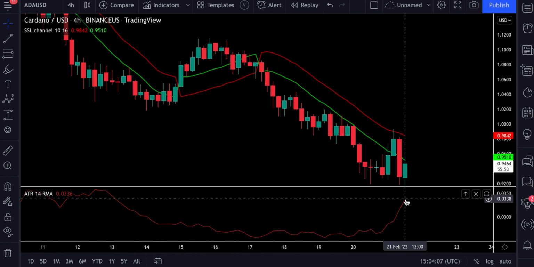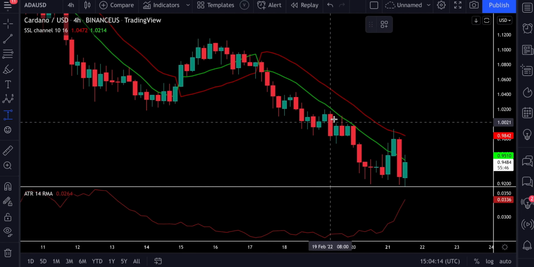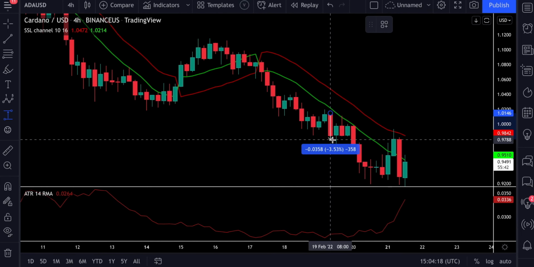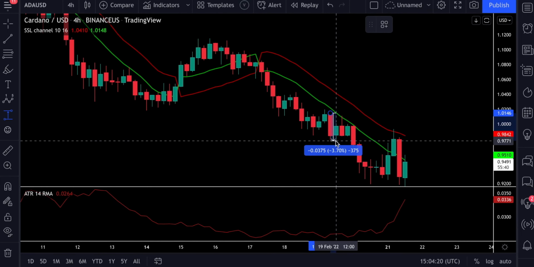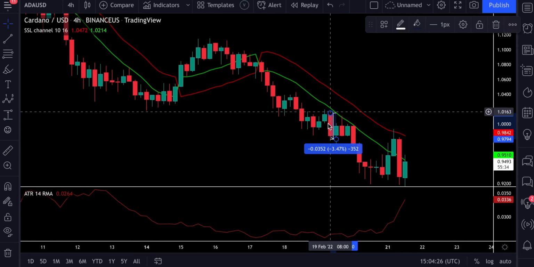So the current value sits at 0.033. If we take a look at the price range of an average candlestick, it's sitting at 0.037. So this is pretty much an average length of a candlestick during this time period.